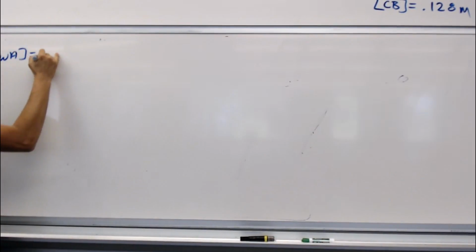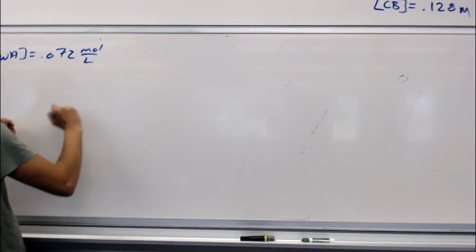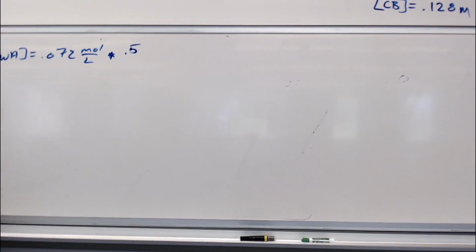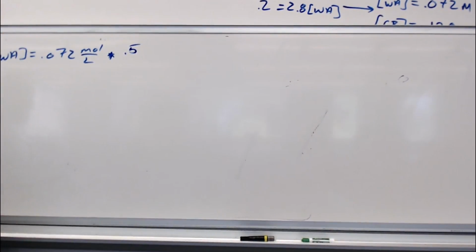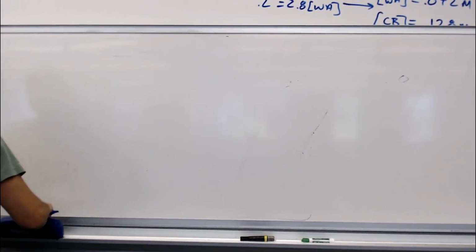Weak acid is equal to 0.072 moles per liter. And we know that we desire to get to 0.5 liters because that is going to be the 500 milliliters. So if we looked at that, getting my framing better.